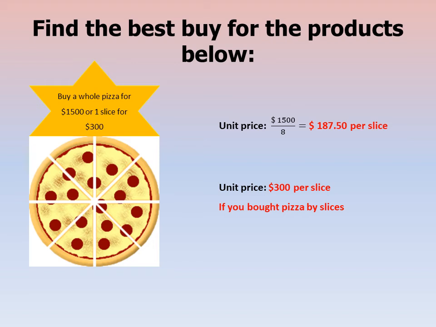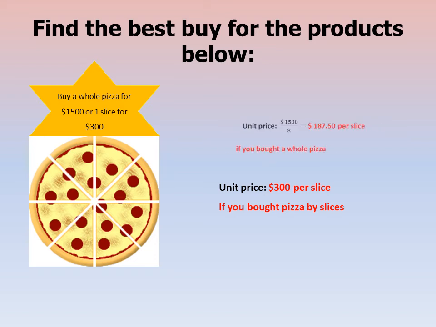So do not look at the prices at face value and say just because 300 is less than 1,500, buying one slice of pizza is the better buy. No, we compare them using their unit prices.